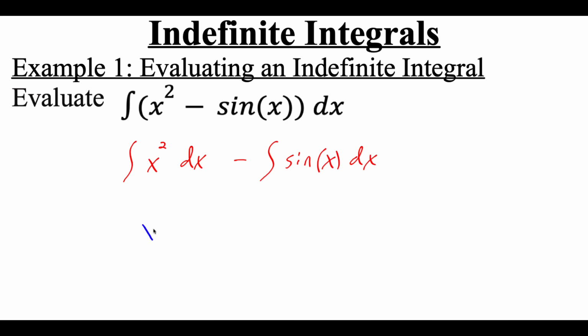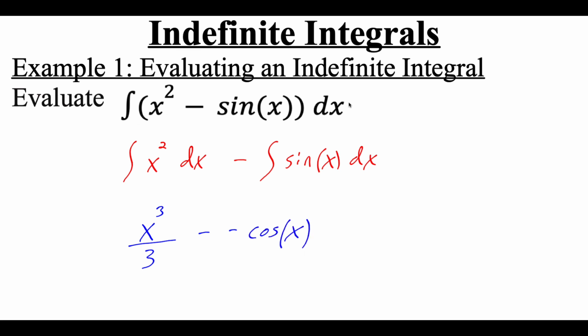So we'll be able to use our anti-power rule here. What we're going to do is take x, add 1 to the power, but then divide by that same number. So the integral of x squared dx turns into x cubed over 3. Then we've got minus subtraction happening in here. Now the integral of sine of x dx turns into negative cosine of x.